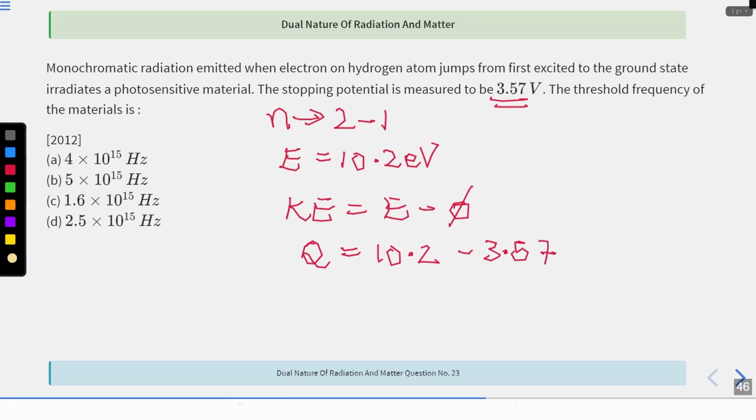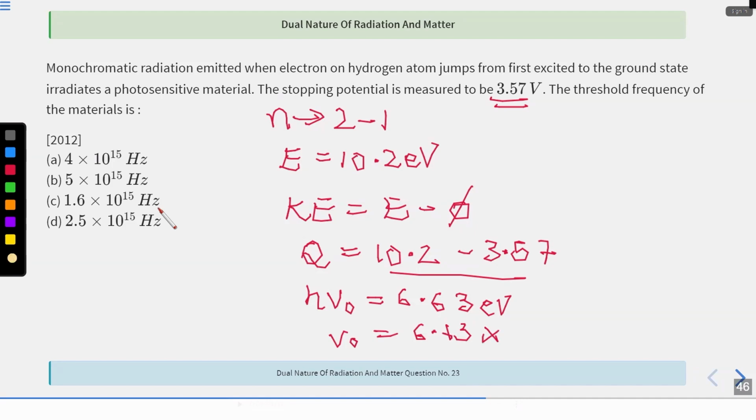So Q can further be written as hν naught, and that is nothing but 6.63 eV, right? After calculating this, I can further write ν naught to be 6.63 into e, I'll be converting it to charge, so it's 1.6 into 10 to the power minus 19, divided by the value of h, that is the Planck's constant. And with this, you'll get your answer to be 1.6 into 10 to the power 15 hertz.